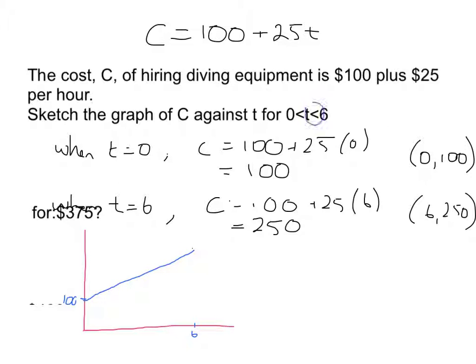Because this is less than, not less than or equal to, we can't close it, so I'll leave that open. And we'll write the coordinates for our endpoint, 6, 250. And that's the sketch of that. We'll label our axes as C in dollars and T in hours.